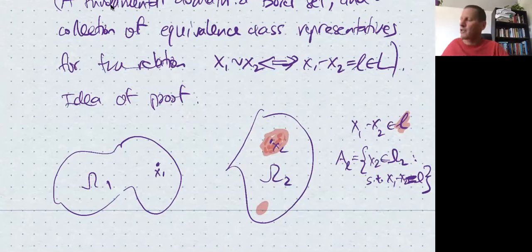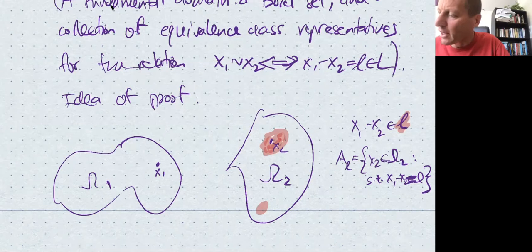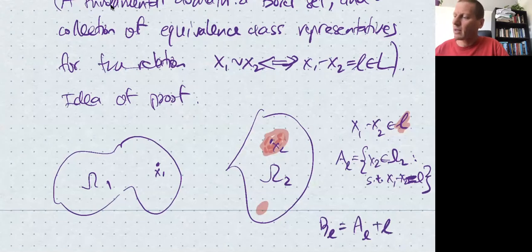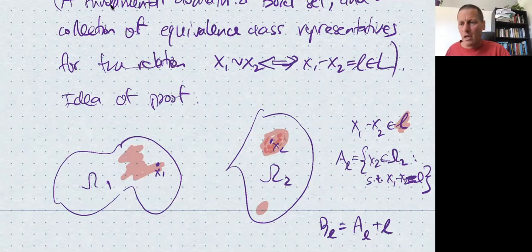And that's our definition of A_L, and then B_L is A_L plus L. And so that's some subset over here, maybe. And they obviously have the same volume, and omega 2 is partitioned into the A_L's, omega 1 is partitioned into the B_L's, and so the two sets have the same measure. So that was the proof.